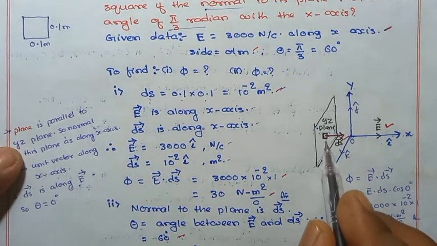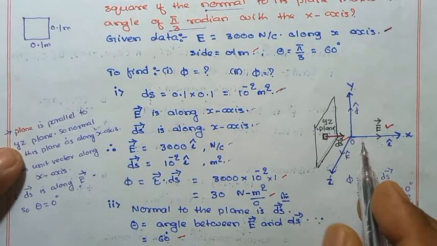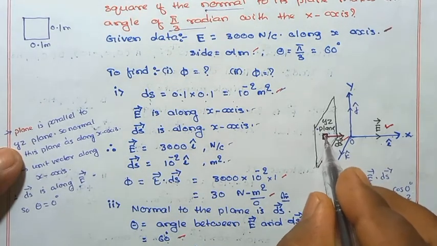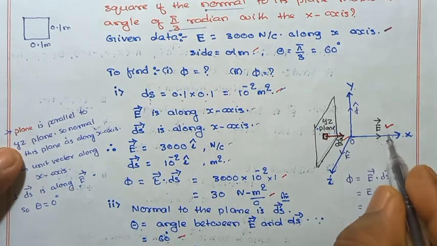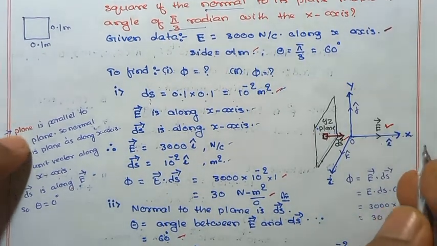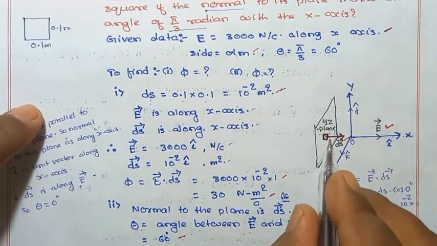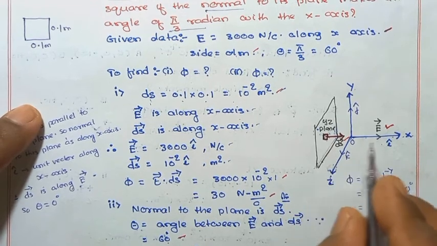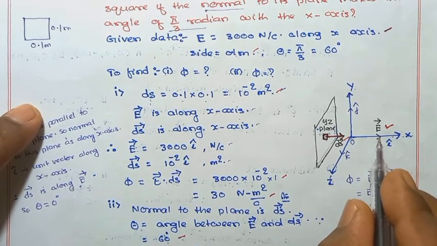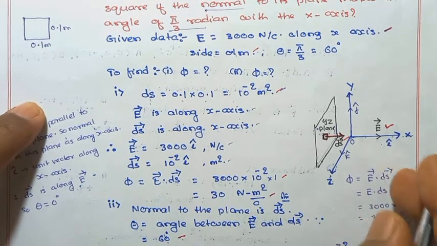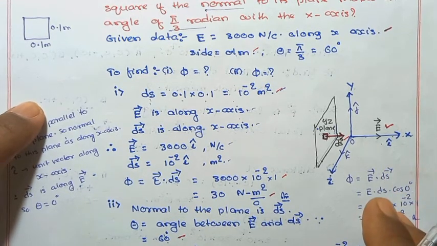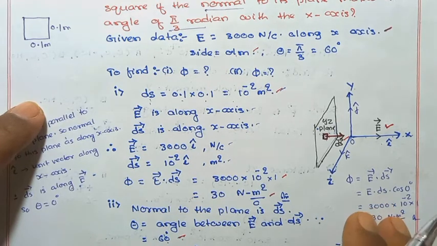The normal to the plane of the surface is along the x-axis. Now the normal of the plane and electric field both are acting in the same direction. So angle between them is 0 degree.